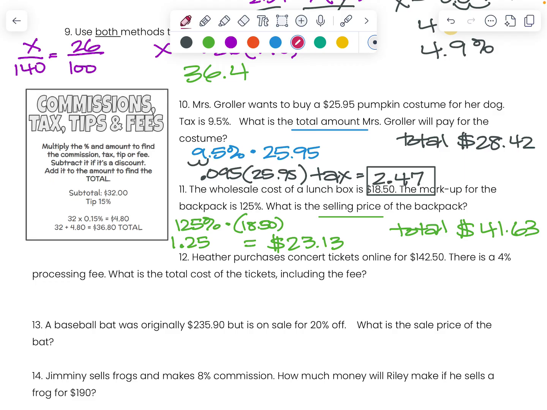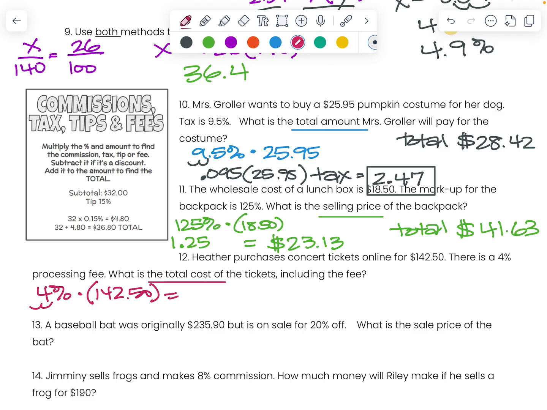All right, Heather purchases concert tickets online for $142.50. There's a 4% processing fee. Once again, they want the total. Okay, if they're charging you a processing fee, that means we're going to add that on. So find 4% of $142.50. Then we're going to add that back on to the cost.